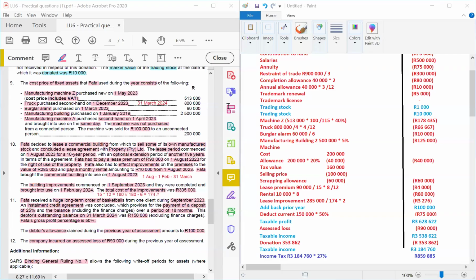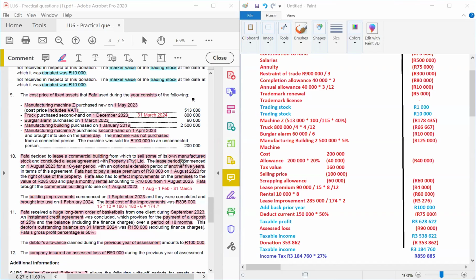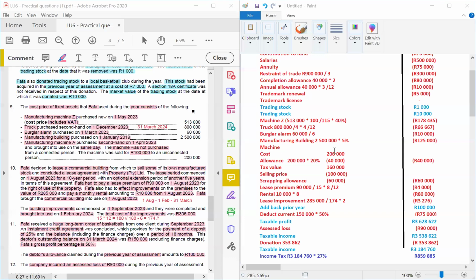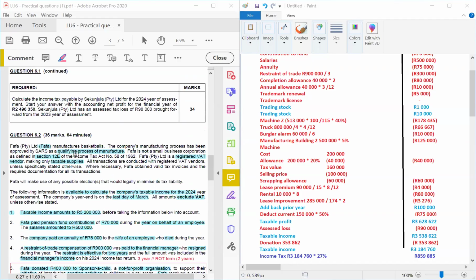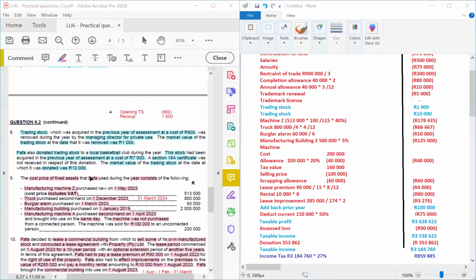Okay, for those who want me to repeat machine A, we take the cost, we remove the allowance. The allowance on the machine is in terms of section 12C, manufacturing machine. They told you above that this company qualifies as a process to manufacture, therefore section 12C will be applicable.